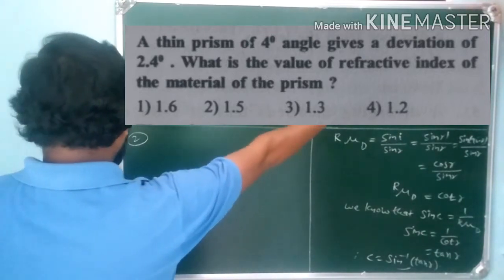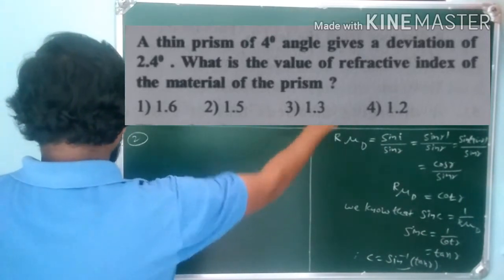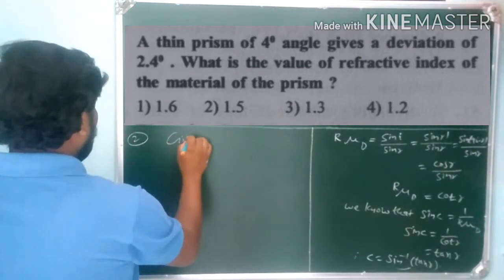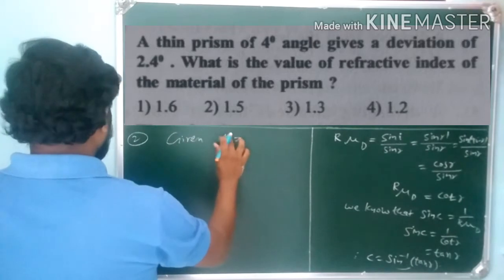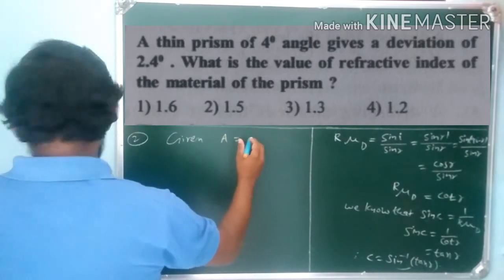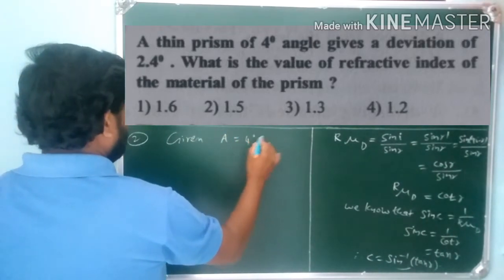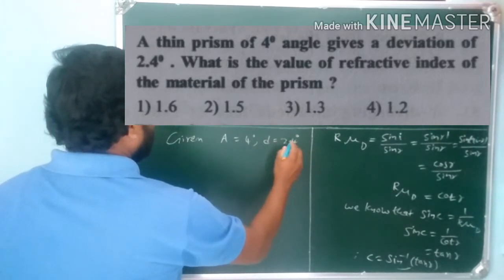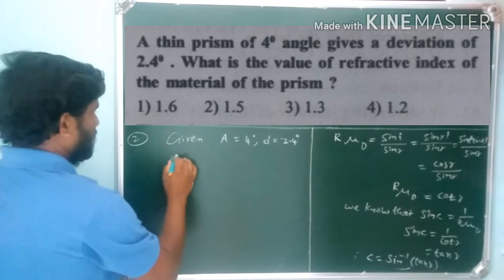What is the value of the refractive index of the material of the prism? Okay. Here the angle of the prism is capital A. It is given as 4 degrees, and the deviation is 2.4 degrees.